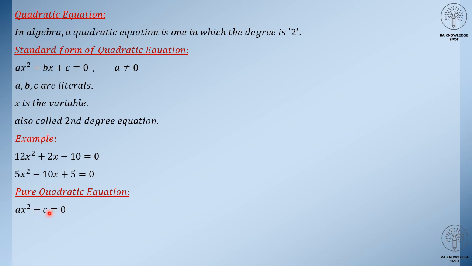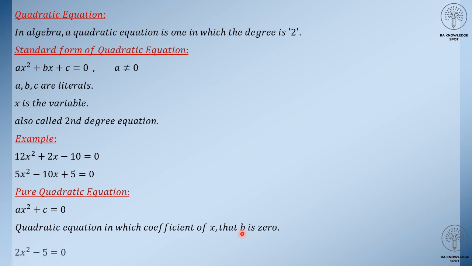You can see one term is missing, and that is the middle term. When there is no bx term, then this is called a purely quadratic equation, meaning we can skip this term. A quadratic equation in which the coefficient of x, that is b, is 0, is called a pure quadratic equation. And this is the example, like 2x squared minus 5 is equal to 0. You can see there is no middle term in this example.